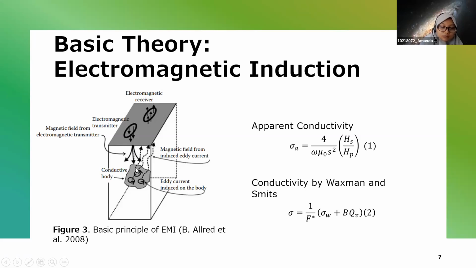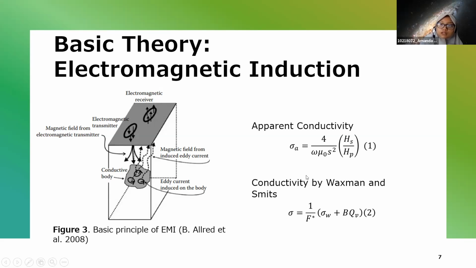When the primary magnetic field hits a conductive medium in the subsurface, it induces an eddy current, and the eddy current produces a secondary magnetic field that is received by the receiver coil. In addition, the receiver coil also receives the primary magnetic field. So, from the ratio of the secondary magnetic field to the primary magnetic field, we can calculate the apparent conductivity of the subsurface using equation 1.